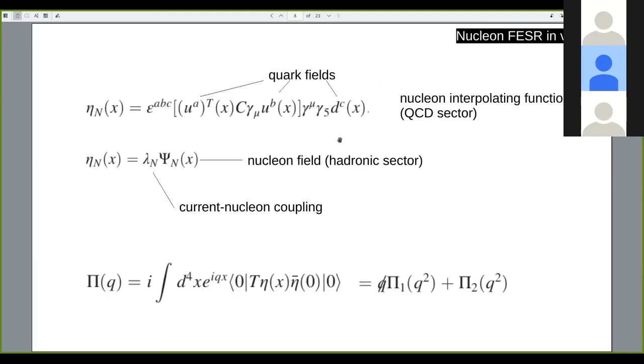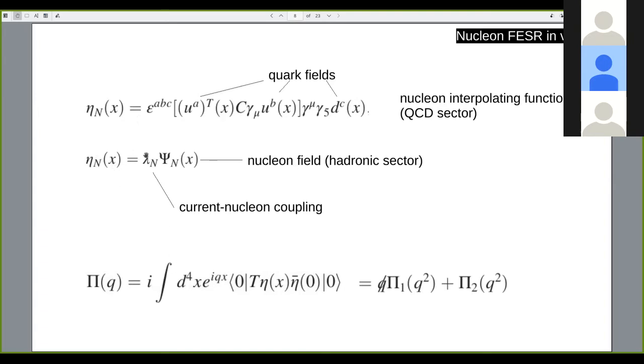Okay, what happens with nucleons in vacuum? The correlator is in terms of the nucleon interpolating function, called the nucleon current, which in the hadronic sector is basically a nucleon field multiplied by a coupling named the current-nucleon coupling.